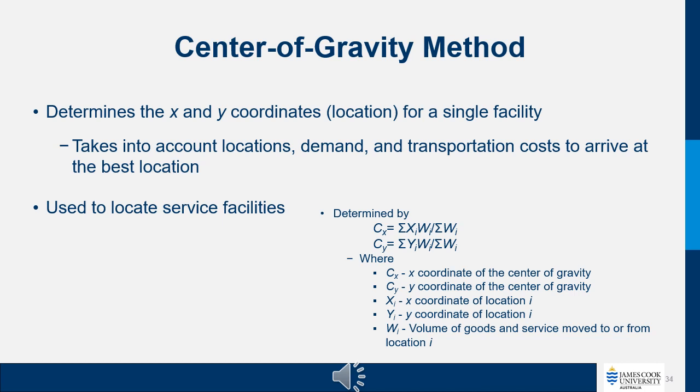The center of gravity method is a quantitative technique used in supply chain management to determine the optimal location for a facility or distribution center. It considers various factors such as customer demand, transportation costs, facility capacity to find the central location that minimizes overall cost or maximizes efficiency. So when we're looking into a single facility, we need to take into account location, demand, transportation cost to arrive at the best location.